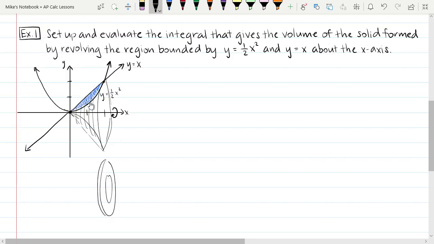Okay, so that means we need to be able to correctly identify and draw the big radius and the little radius. So here's what I want you to do every time. To draw your big radius, you start with your pen or pencil on the axis that you're revolving around and anywhere lined up with the region. So I'm just going to go randomly right here.